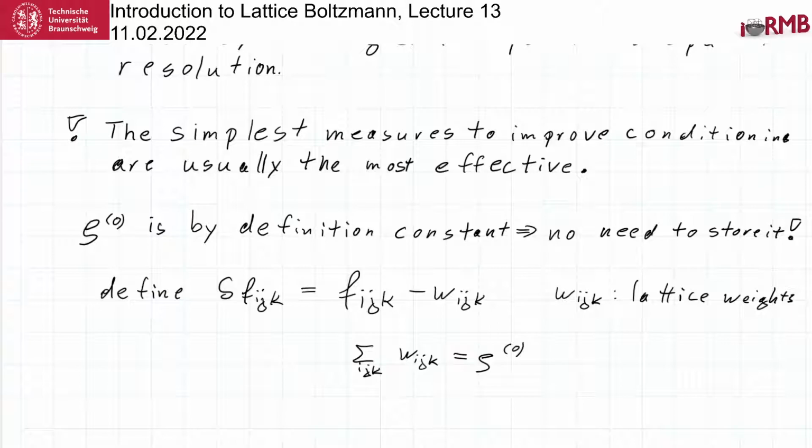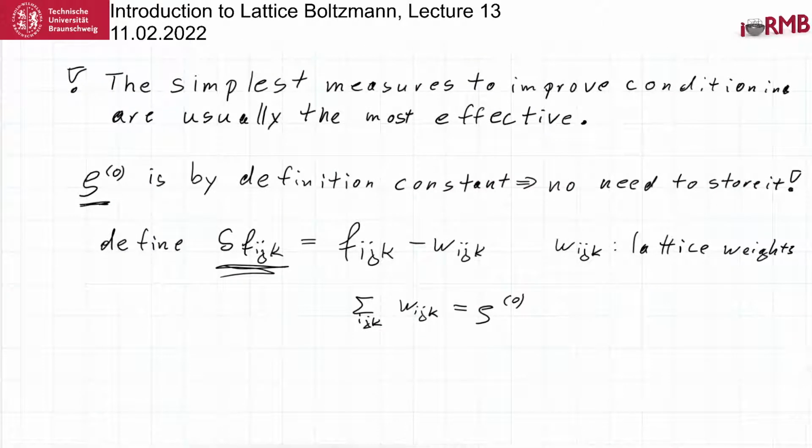So by subtracting this Wij from the distributions F, we eliminate the constant part, such that the constant part in this delta Fij is now 0. So from a variable that is always positive, we have a variable that is either positive or negative, and whose expected value is at 0.